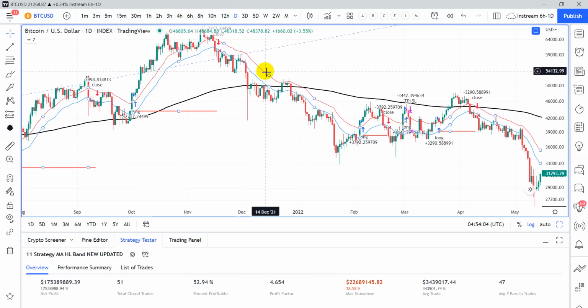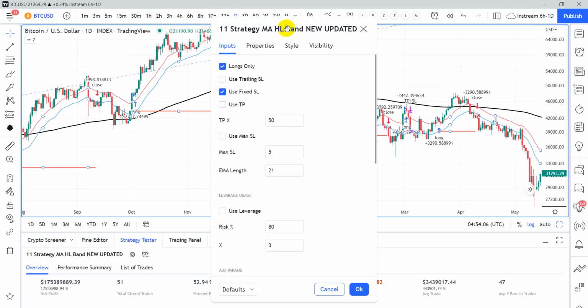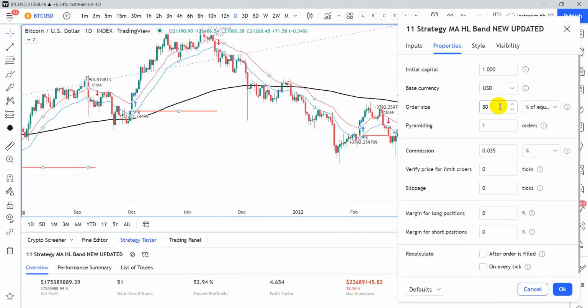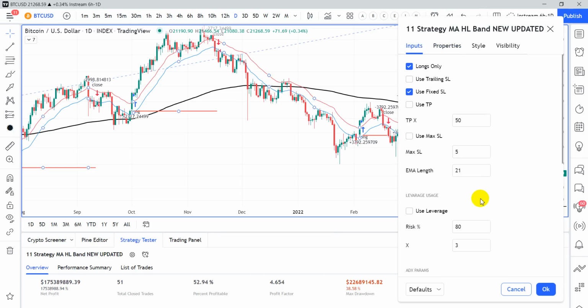Okay, here's another trick that I will show you. Now, if you remember, we are using 80% of our equity every time a trade is open. And I got here a little tricky thing which is called leverage usage.